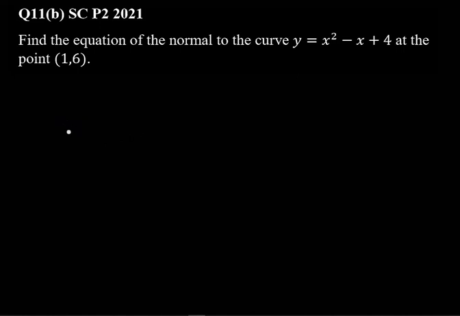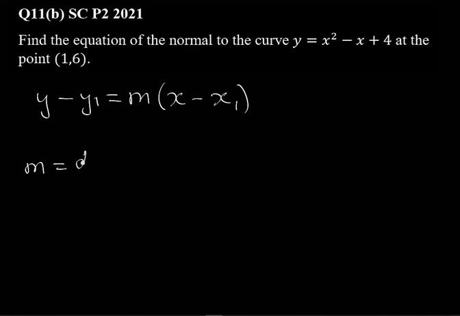To find an equation of a line, the normal is a line, we need to use the formula y minus y1 equals m times (x minus x1). To be able to do this, we need to find m. That m is equal to dy/dx evaluated at the point of contact, which is (1, 6).